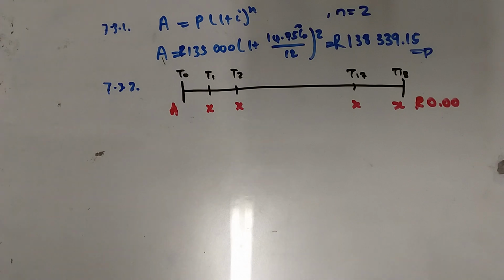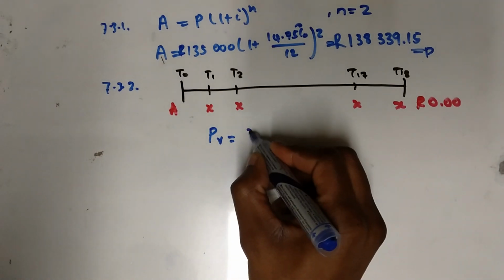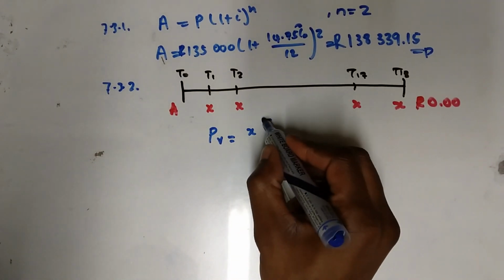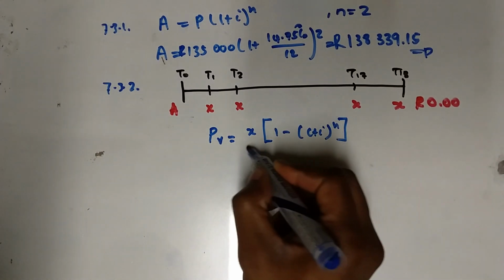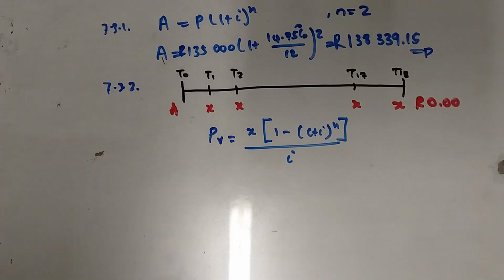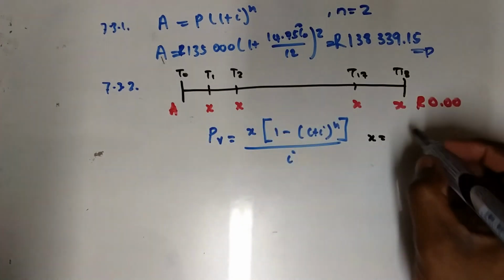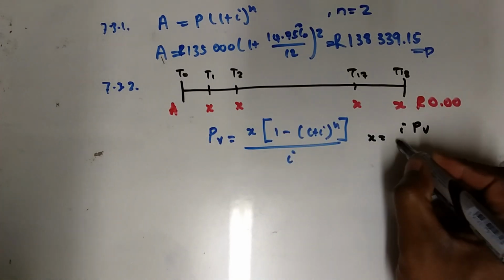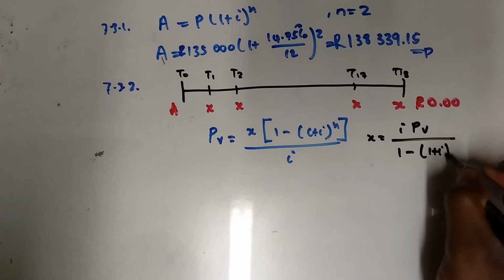Since this is a loan, we're going to use the present value equation. We have X times (1 minus (1 plus i) to the exponent negative n), all divided by i. As I said before, I like to make the unknown the subject of the formula. So X is equal to i times the present value, and then we divide the whole thing by what is in the bracket.